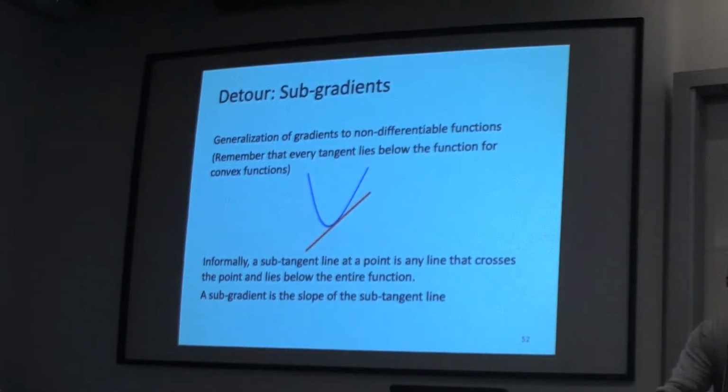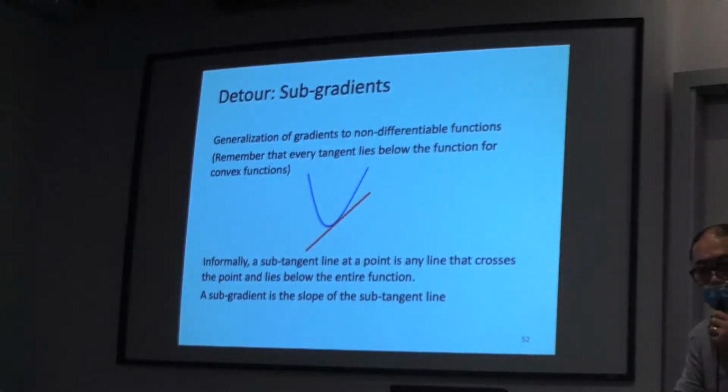So now let us look at the definition of the subgradient. Remember, when we talk about convex functions, a nice property is that at any point, if you draw a tangent line of this convex function, where the convex function is the blue line and the tangent line is the red line, the tangent line will stay below the entire body of the convex function.